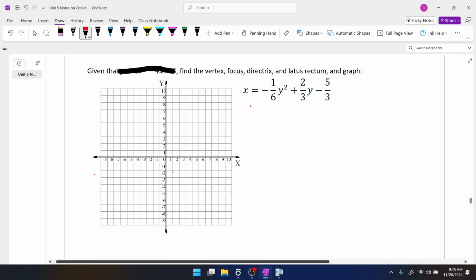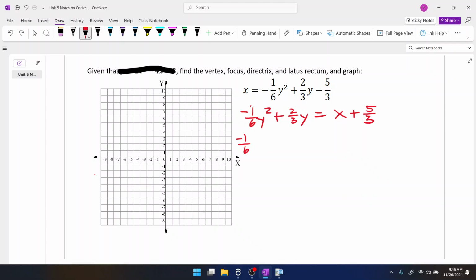Did this. So you have negative 1/6 y squared plus 2/3 y equal to x plus 5/3. Take out the negative 1/6. Oh, let's fix that. And this is obviously going to be a minus here.